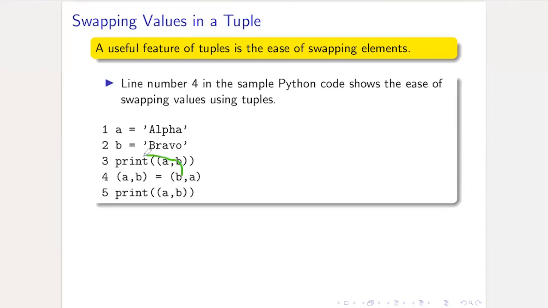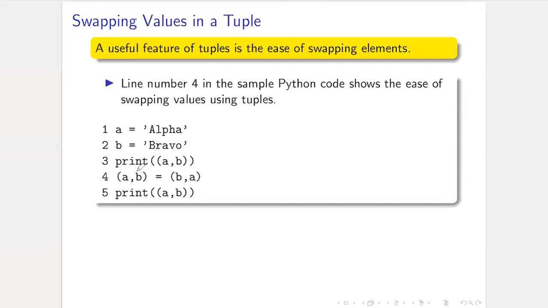Because if we directly assign the value of B to A, the value in A will be lost. So we have to use a temporary holding variable. But using the tuple capability, we can do the swapping very efficiently.